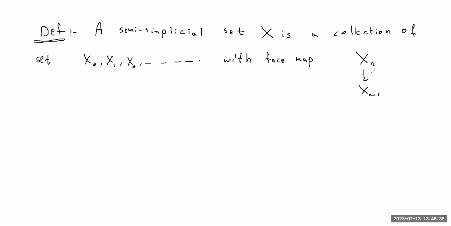How many do we have from here to here? We have D0 until Dn. We have these maps.